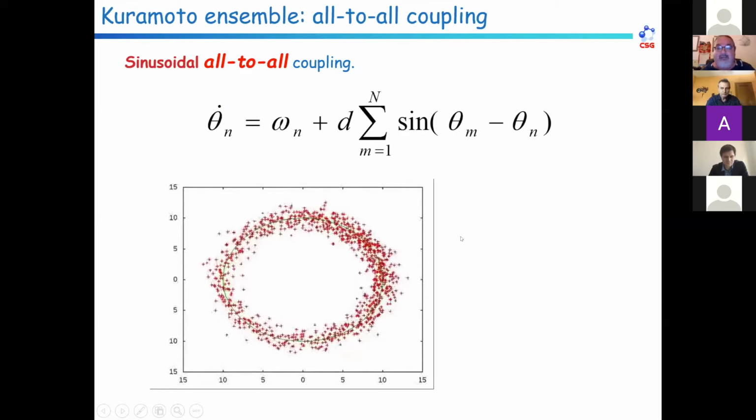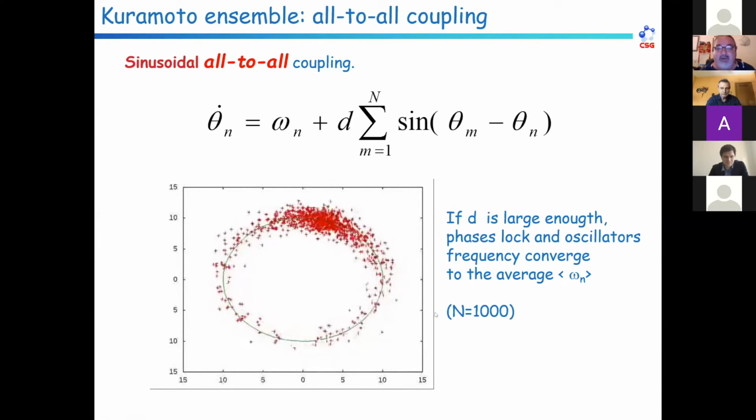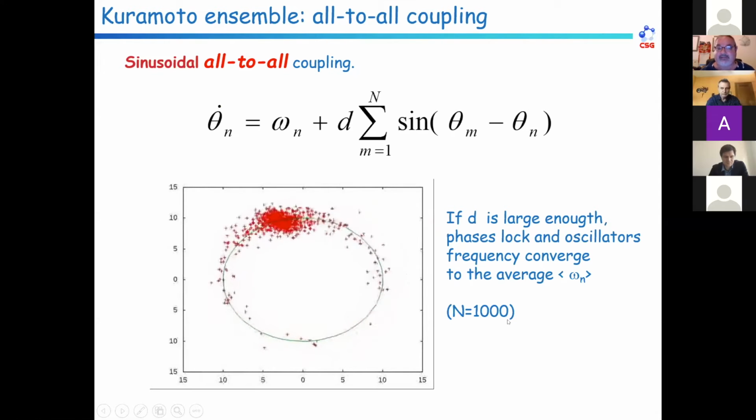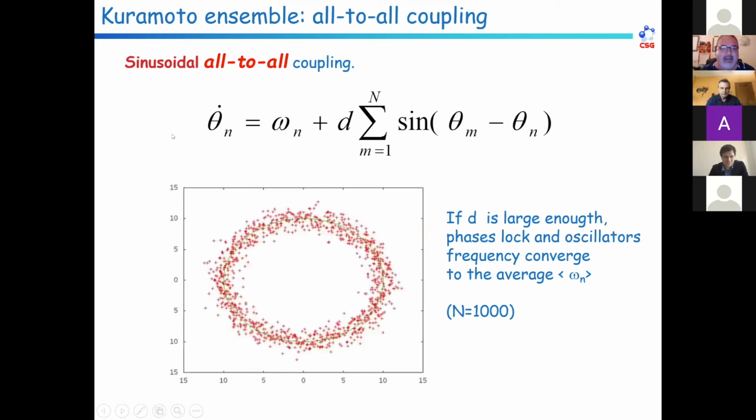So now I'm moving to this movie. I'm showing a movie, and you see what happens when you take 1,000 of such oscillators and you slightly increase D. Okay, so let's start the movie again. So initially, the oscillators are distributed on the unit circle with no apparent correlation between their motion.